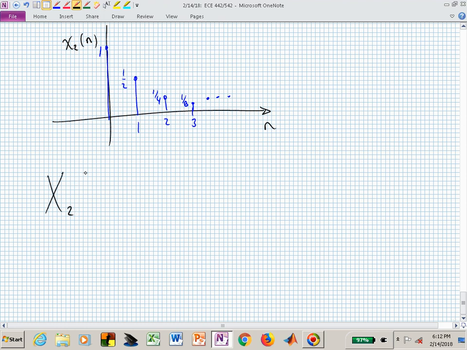Capital X sub 2 of z is now this, from the definition, this two-sided infinite sum, x sub 2 of n, but now it's nice to turn that off or on at the appropriate time, z to the minus n. Or this is now the sum from n equal, where are we starting this one?